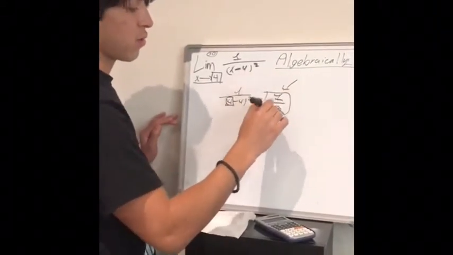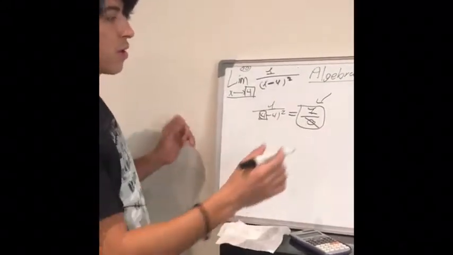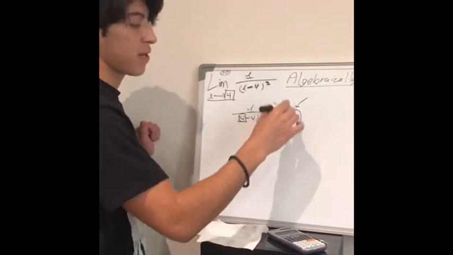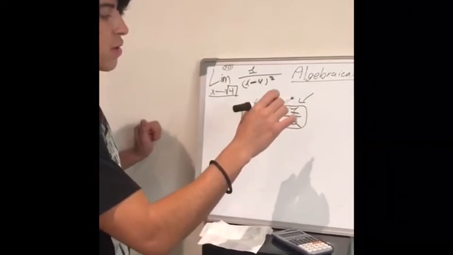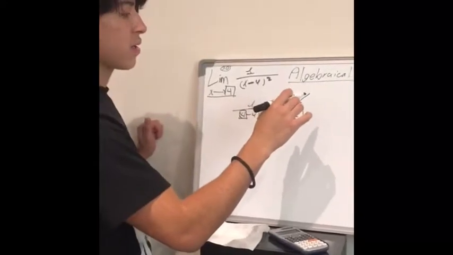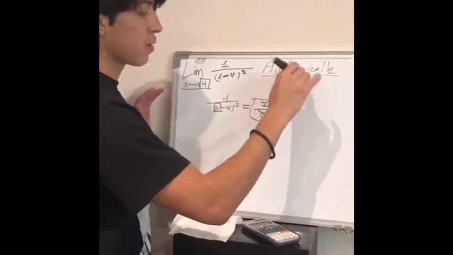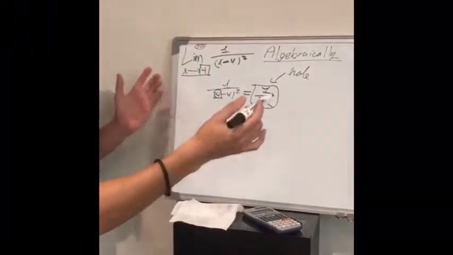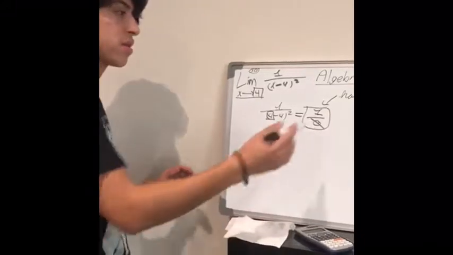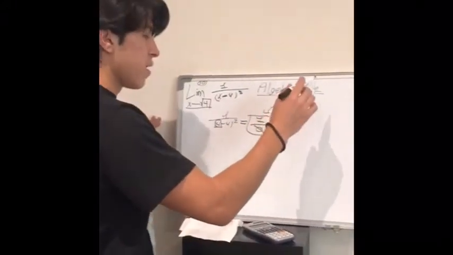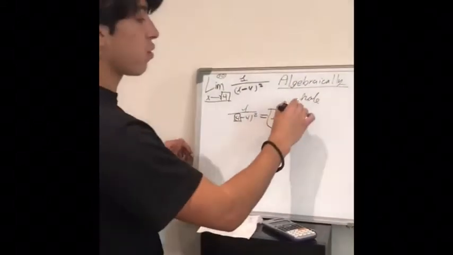In this case, there are several rules that you'll need to know, but when you are solving algebraically and you have a denominator that equals 0, there's a hole, or some people will say it's undefined, some people will say it does not exist, it doesn't matter. Okay, so there's a hole.